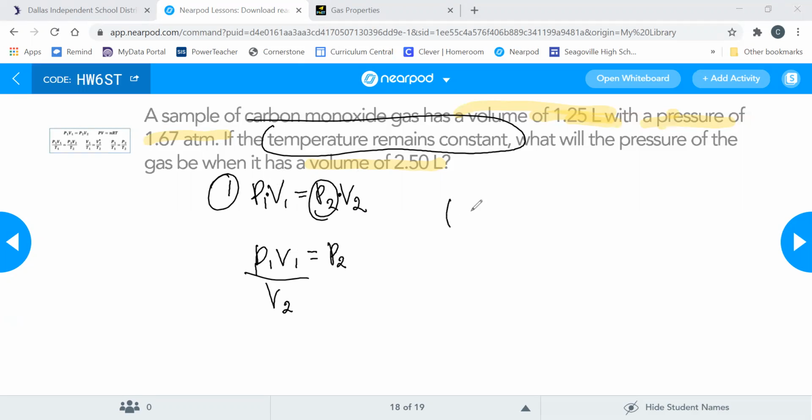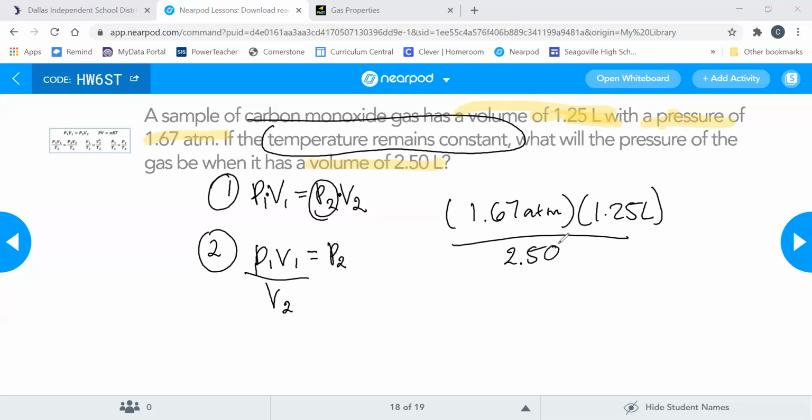So I'm gonna do 1.6 times 12.5 liters divided by 2.50 liters. If you notice, these units cancel out, so we get just pressure. And then I just gotta put it in a calculator. So I'm gonna do 1.6 times 12.5 divided by 2.50.